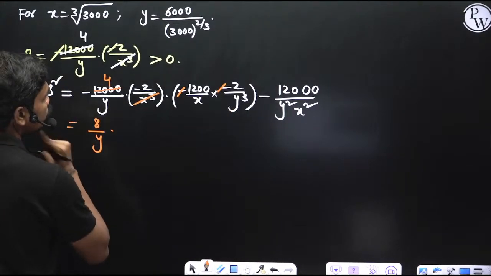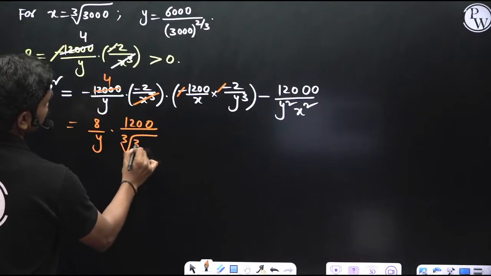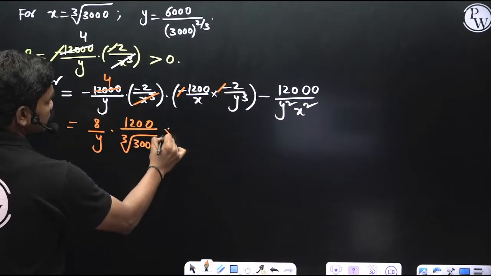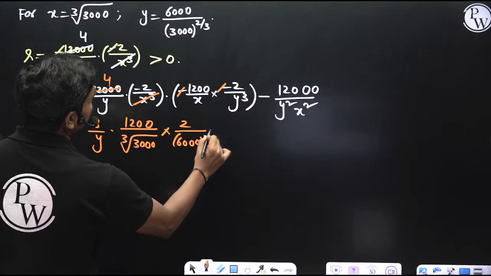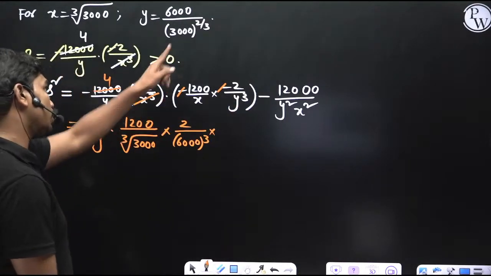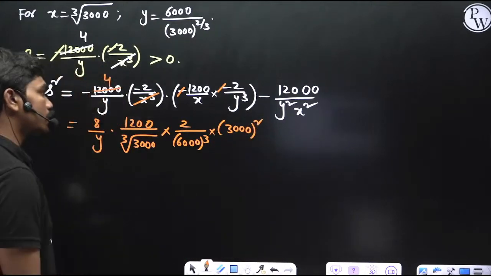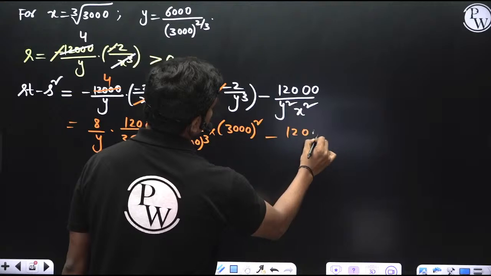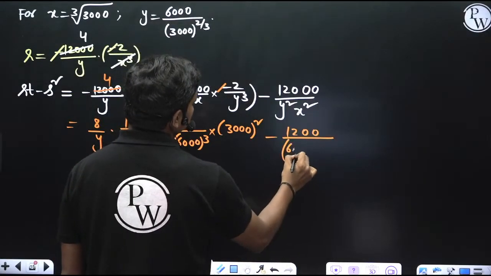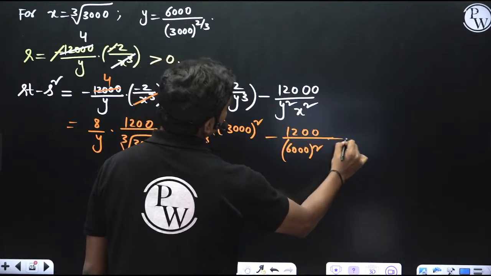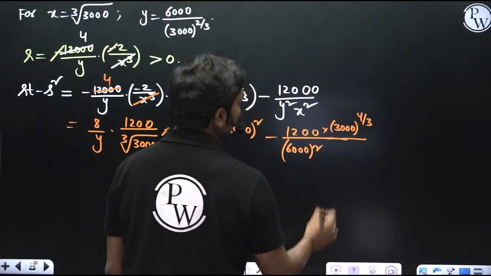So 1200 by cube root of 3000 into 2 by y cube. y cube is 6000 whole cube, and the cube of this denominator is 3000 square. So minus 1200 by root of y square, which is basically 6000 square, into 3000 whole power 4 by 3, into x square.